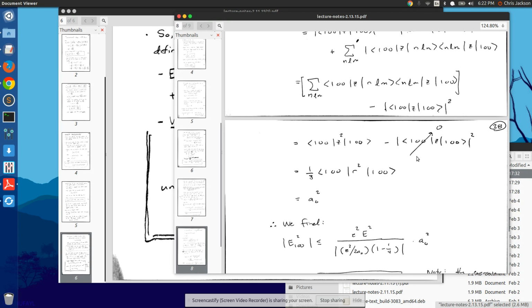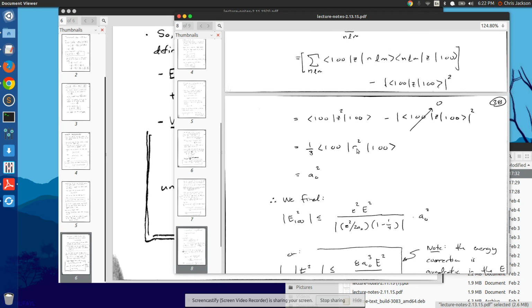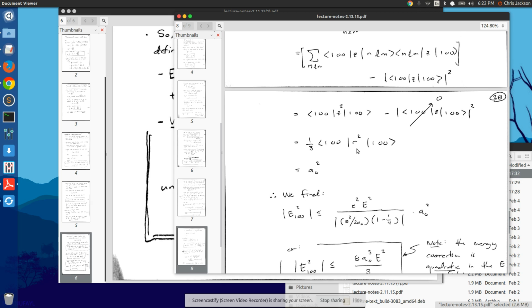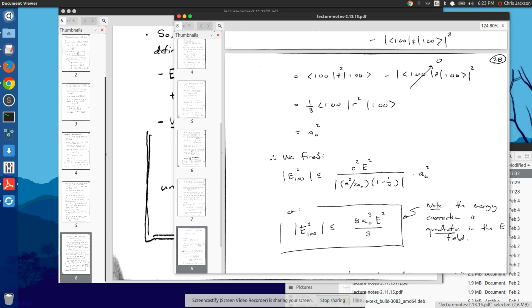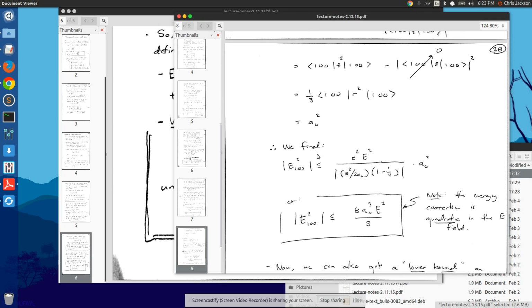And finally what we have is this matrix element, and you can rewrite this z squared as r squared over 3. Remember, r squared is x squared plus y squared plus z squared.